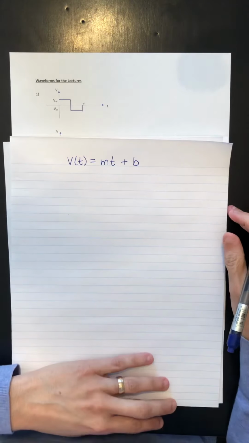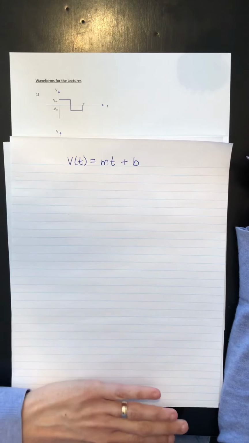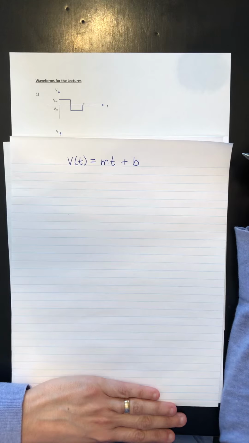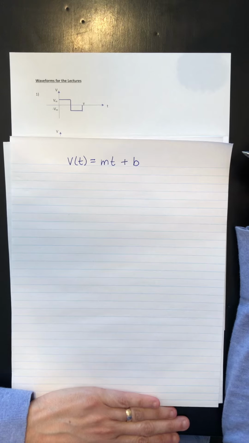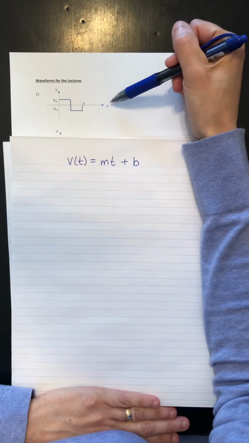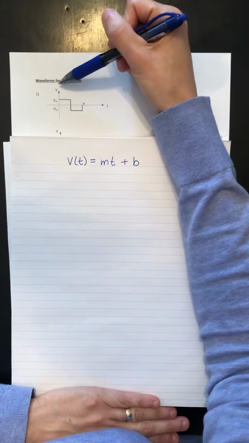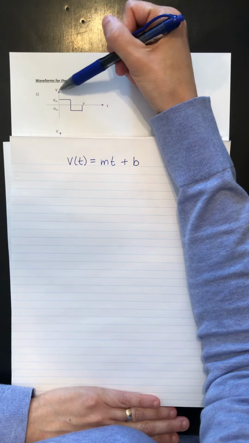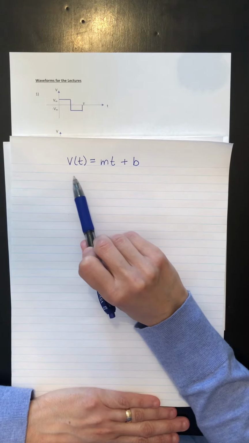You might be very familiar with the equation y equals mx plus b. And that would have x as the independent variable and y as the dependent variable. But you can see in all of our drawings, we're using time as our independent variable and voltage as our dependent variable. So we end up with this.